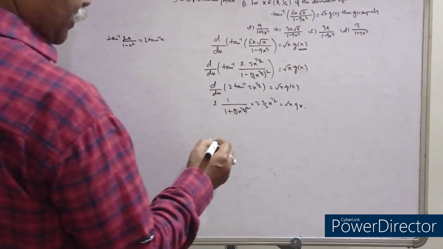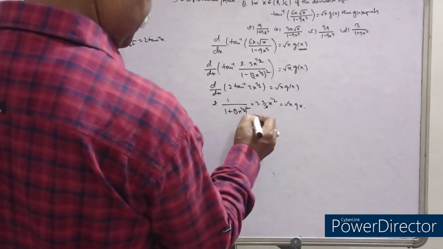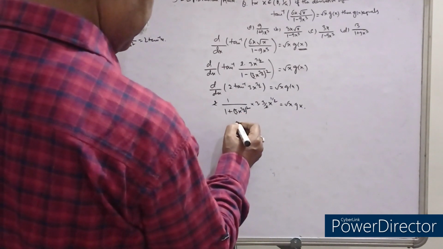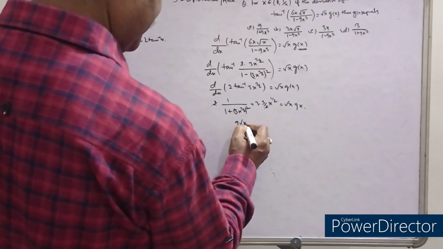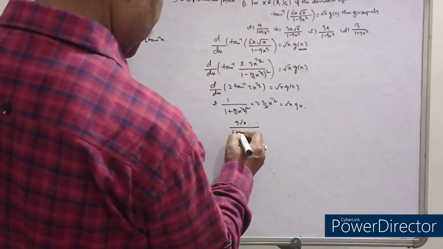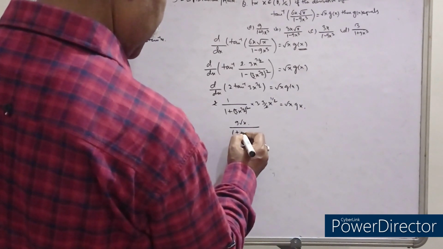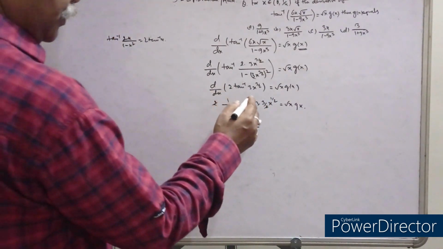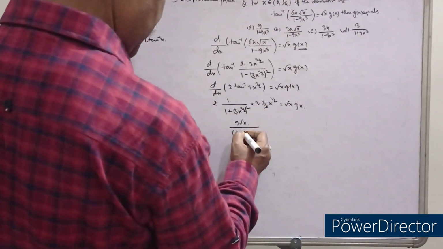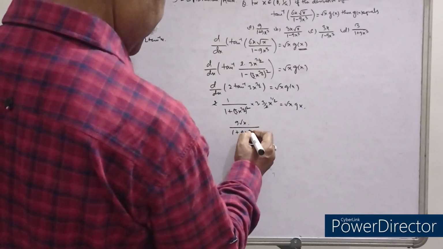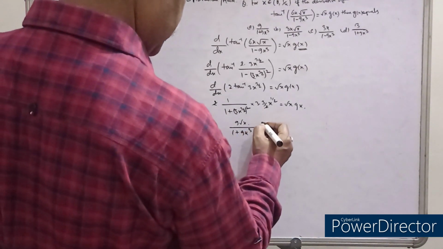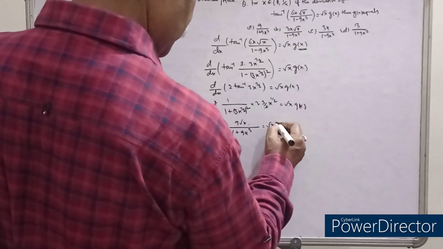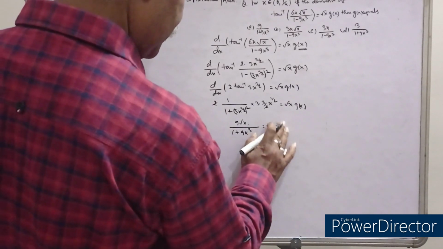So here you see that this 2 cancels out, so this will be 9 root x by 1 plus 9x cube, that is equal to root x g(x).